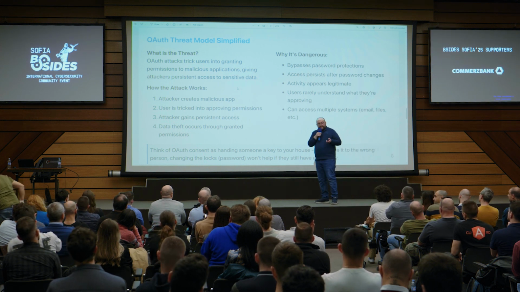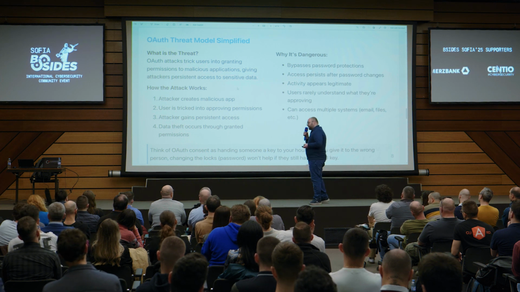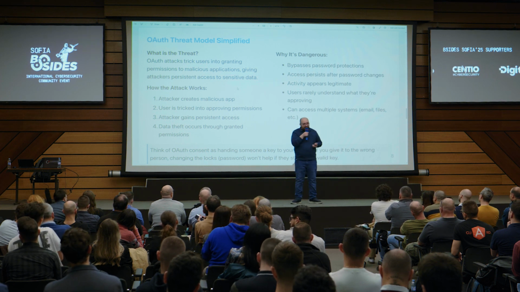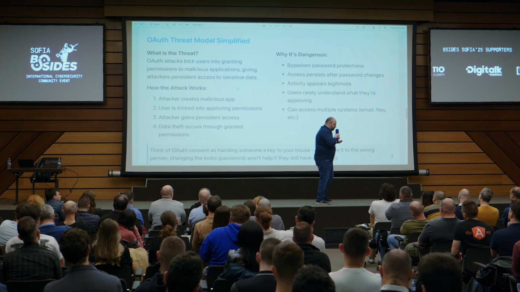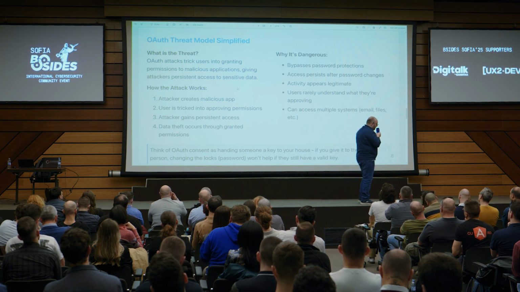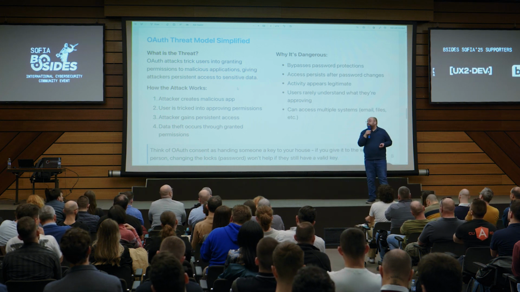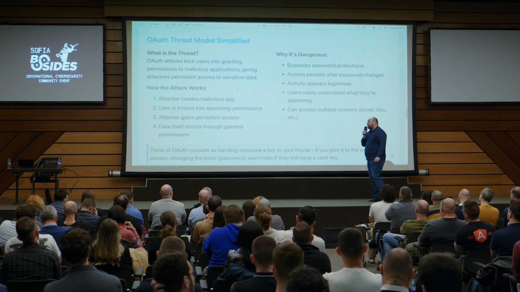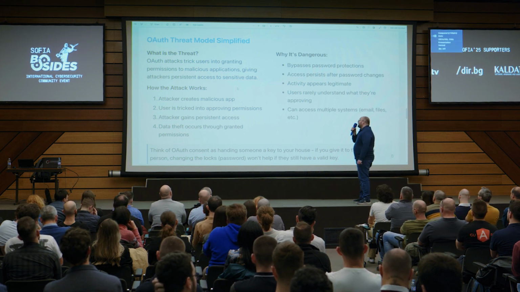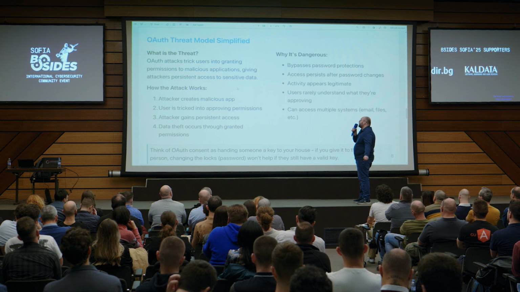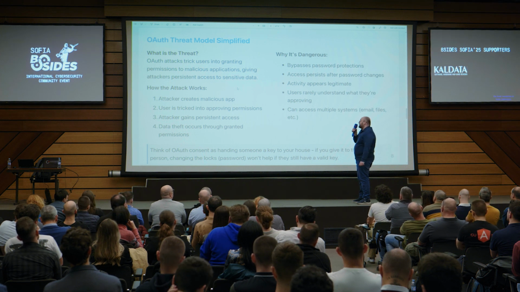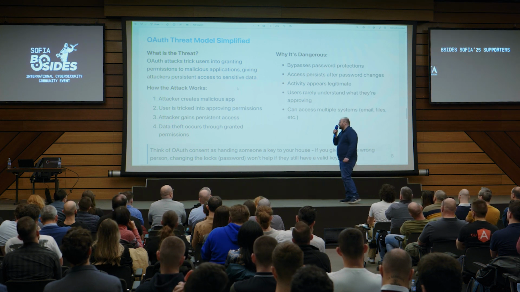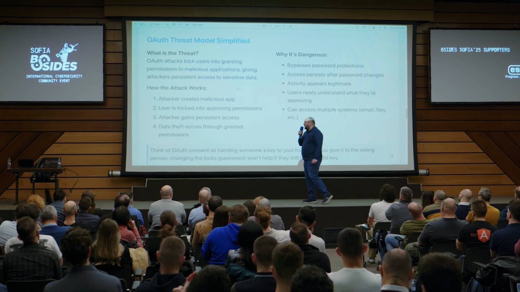It's persistent, it lives directly in the Azure AD tenant. It gives you basically everything the user has access to, and it's often overlooked because, quite frankly, people don't look there.